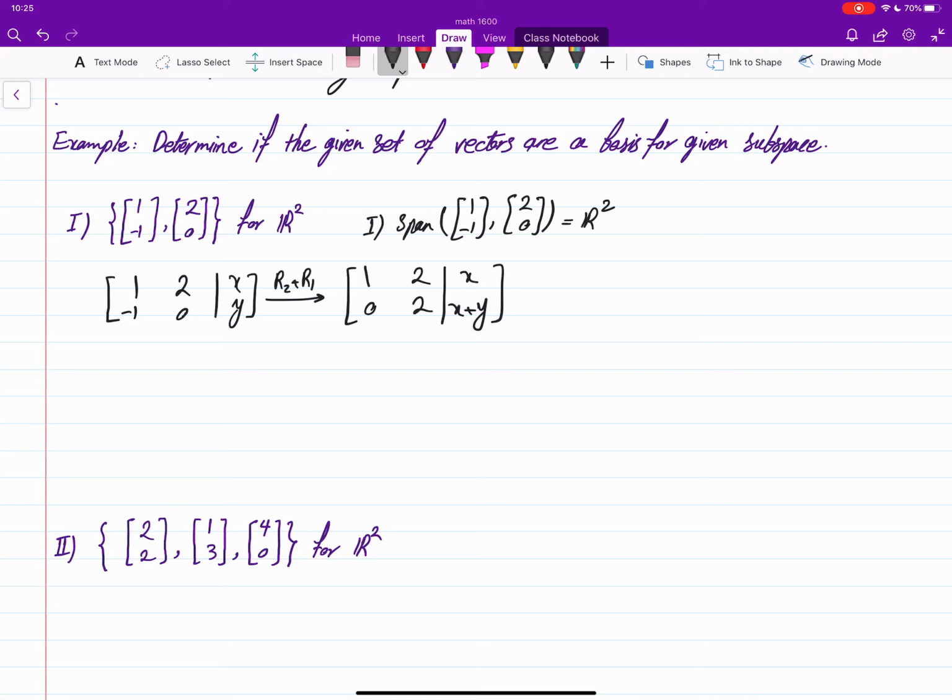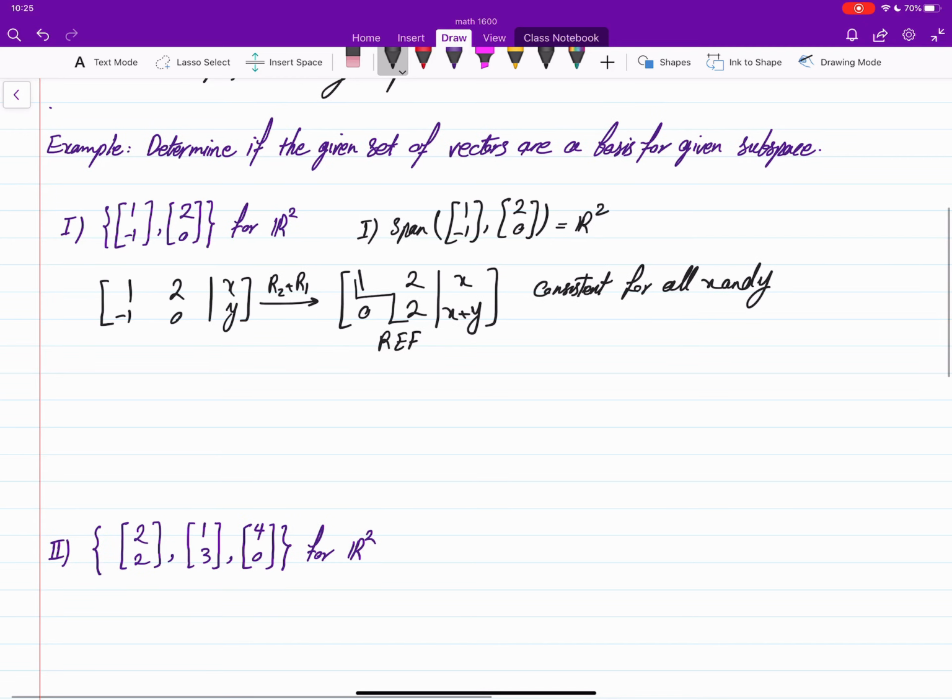This is row echelon form, and as you can see, this is consistent for all x and y. No matter what x and y are, we don't have any zero row which can be equal to non-zero. So for every x, y, we have a solution. That means that yes, this guy is in the span.